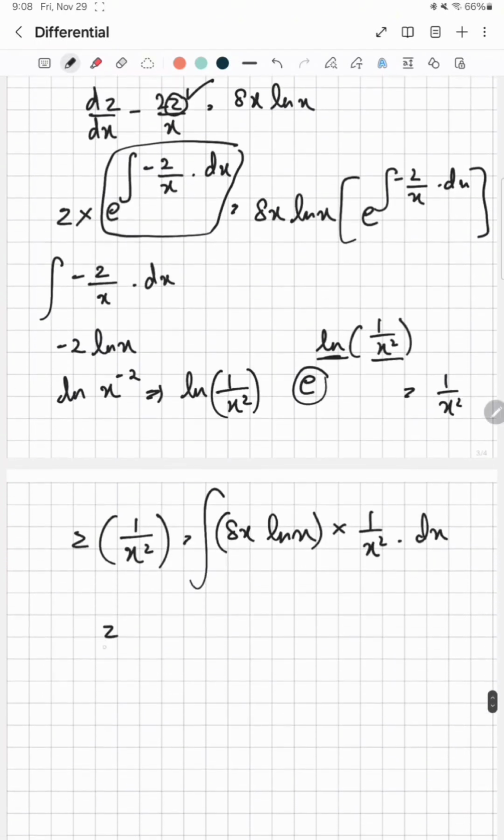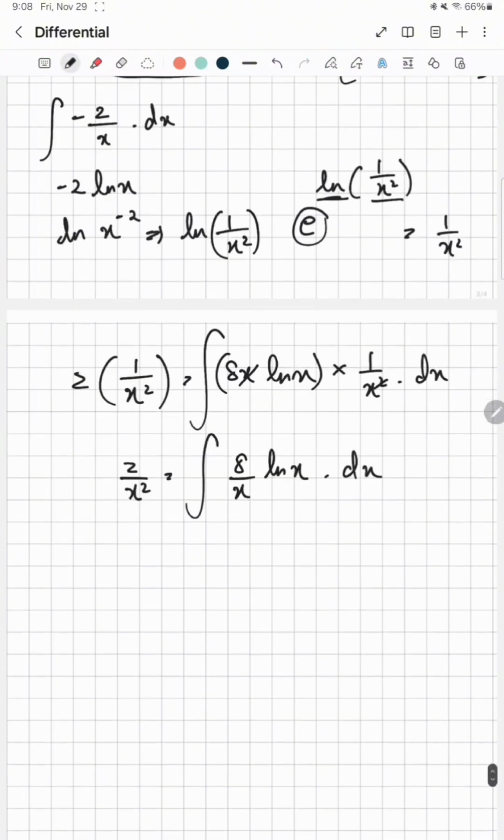Then you can write z over x squared equals the integration of 8 over x; you cancel these out, so it's 8 over x ln x dx, right?